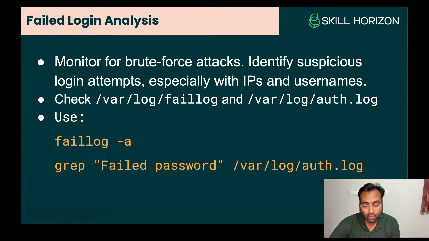You can run this command in your terminal and you will have that particular file, or you can find it with grep also. In grep, I made a query for failed password and the file name. So if anything was logged using failed password, then you can see the activity.